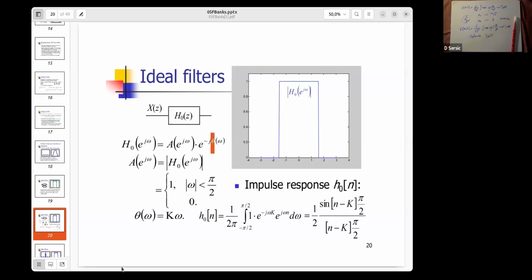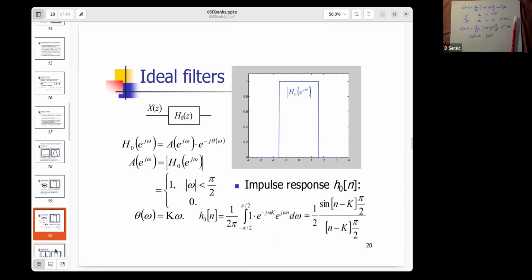Let the phase part be constant phase k omega. In this case, k can be 0 as well. So maybe we can have a zero phase system at least on the screen. So how to calculate the impulse response? We have to apply the inverse Fourier transform, and after some calculation, what we get is a sinc signal, something like sine of x over x, sine of something over something.